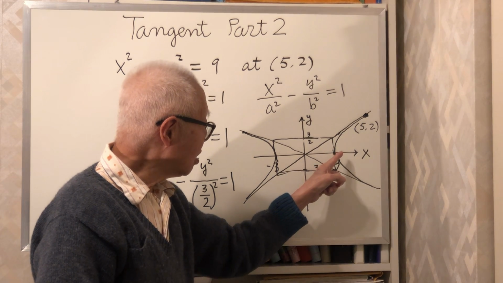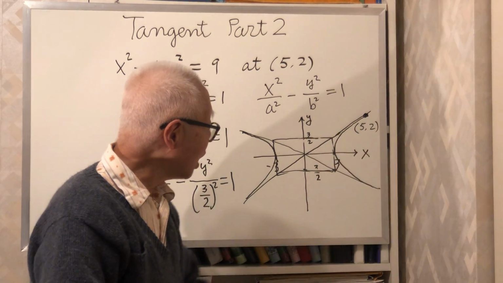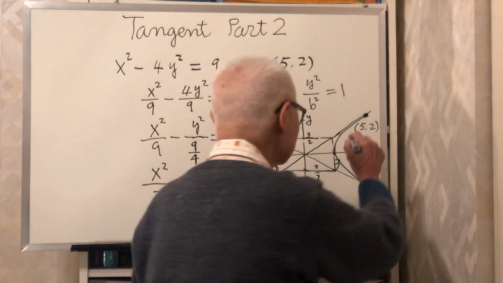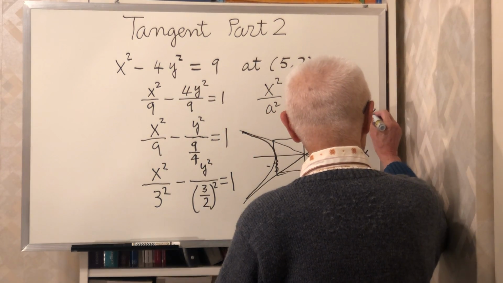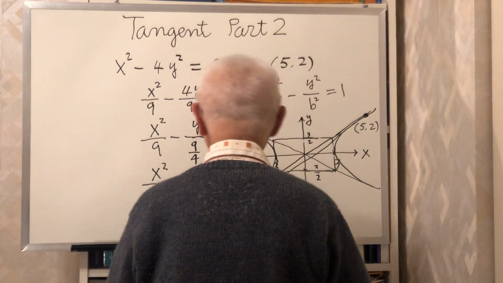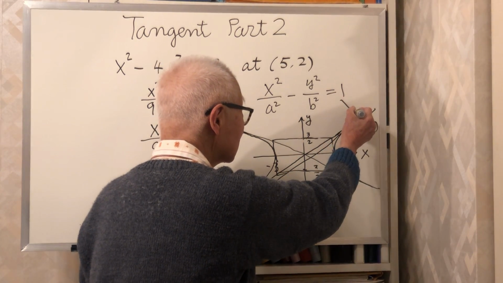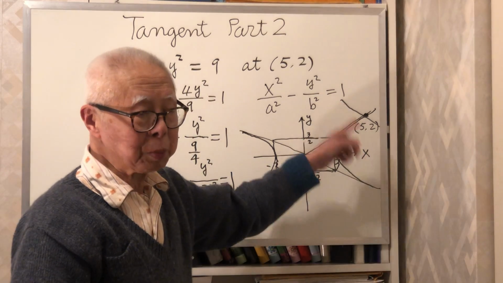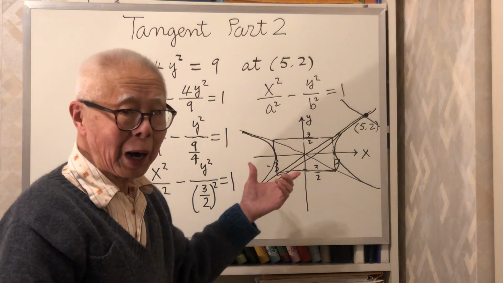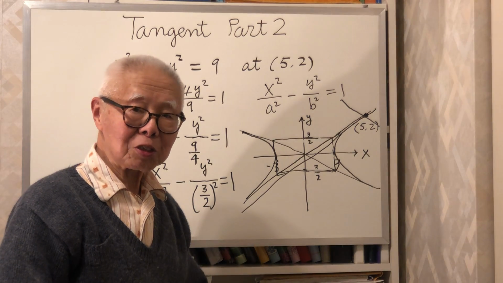3 is here. 1, 2, 3, 4, 5. Oh, okay. So something like that. Now the tangent line is something like that, and the normal is perpendicular to the tangent, which is like this. So the graph looks somewhat messy, but you try that.